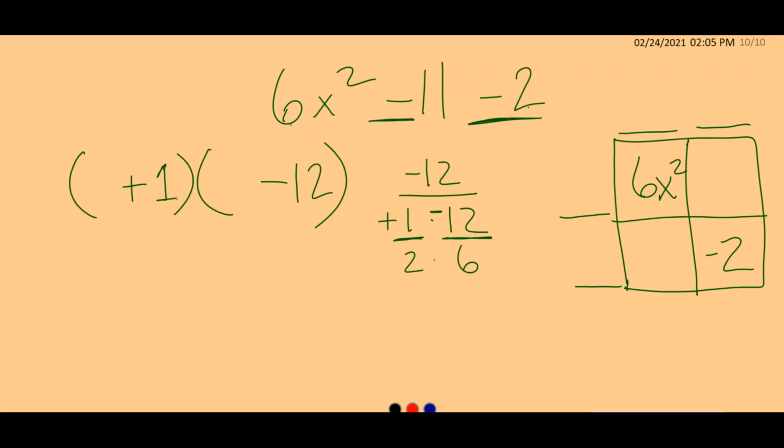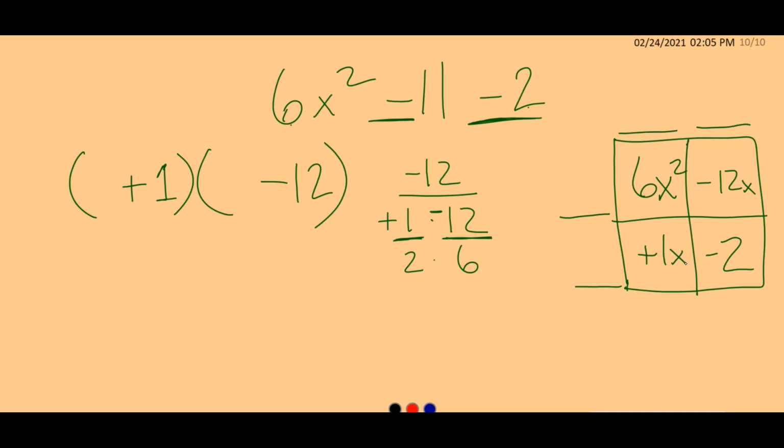So let's do the same thing here. I've got -12x here, and I've got +1x. There. So this is where it gets a little different, okay?